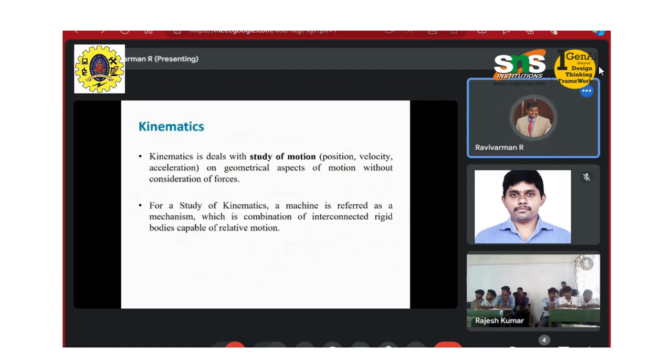Okay, whereas in kinematics in more depth, we refer to a machine or mechanism, which is a combination of interconnected rigid bodies capable of relative motion between them. When we have relative motion between the rigid links present, we consider that a mechanism. Whereas if relative motions are absent, we take it as a structure.